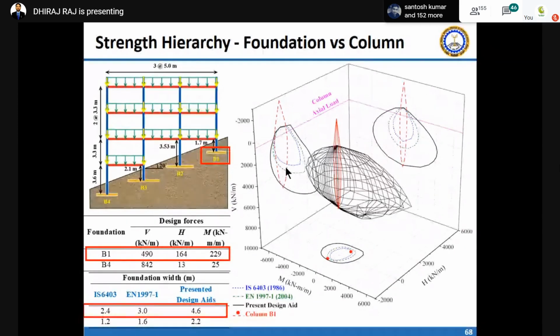So if you design your foundation, you can see the plan of the foundation. Foundation B1 is actually designed. These forces are there. You can see in case of a slope, along with the vertical load, you have a very high amount of shear force and bending moment also, 164 kilonewton and 229 at B1 level, and at B4 level the shear force and bending moment are lower.